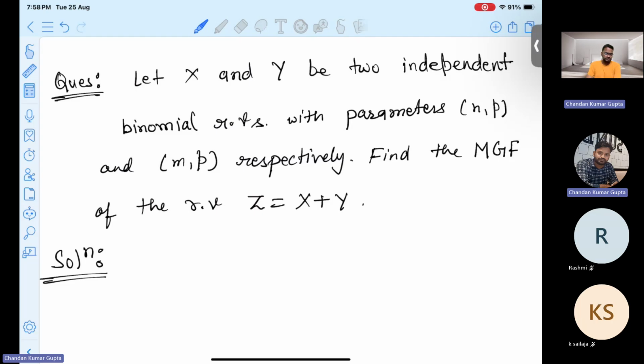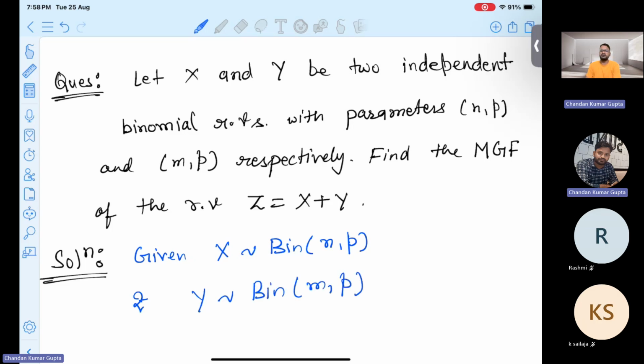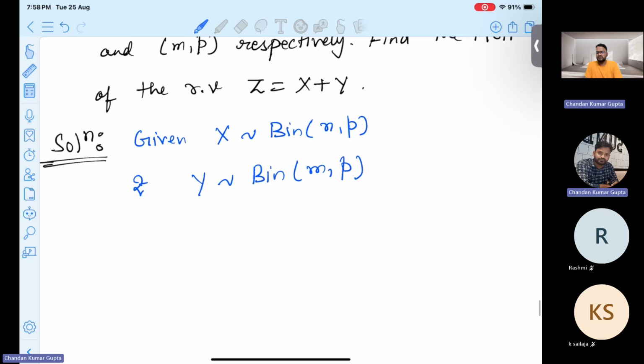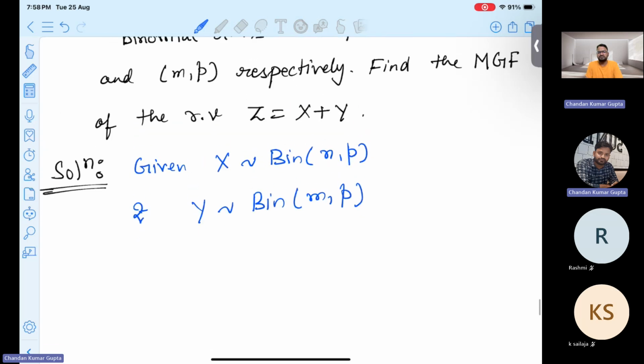What we are given here is x follows binomial n, p and y follows binomial m, p.